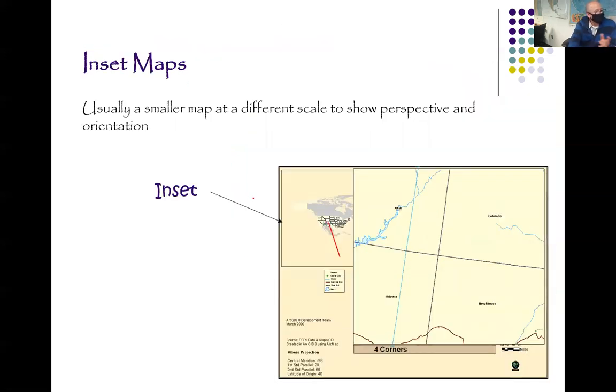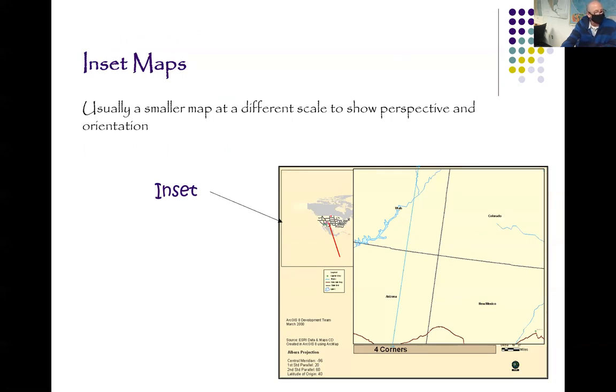Okay, we already talked about inset maps pretty well. So they're good for putting other elements or features of the map at different scales. So we have a map of the Four Corners area, right? And then we have a small map.